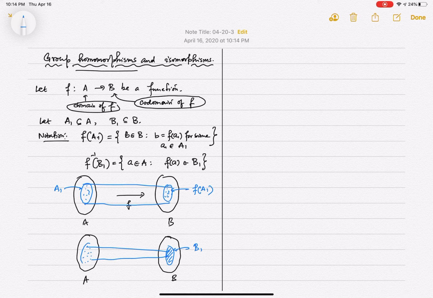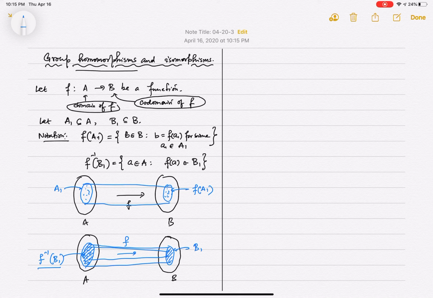And take all those things that land in here. That's called f inverse of B1. Notice that writing this does not mean that f is invertible. F does not have to be an invertible function. I'm simply looking for all the things in A for which f of those guys lie in this B1.